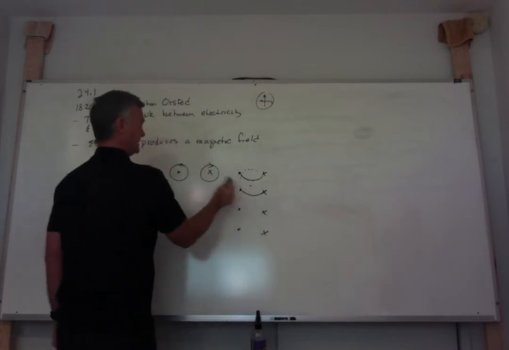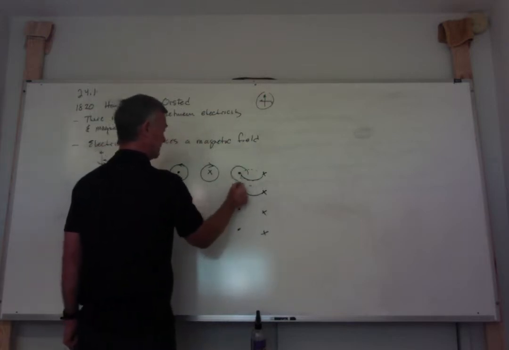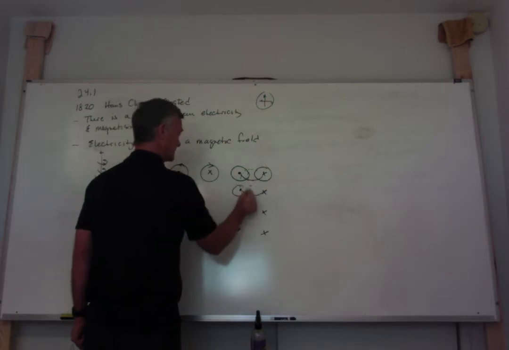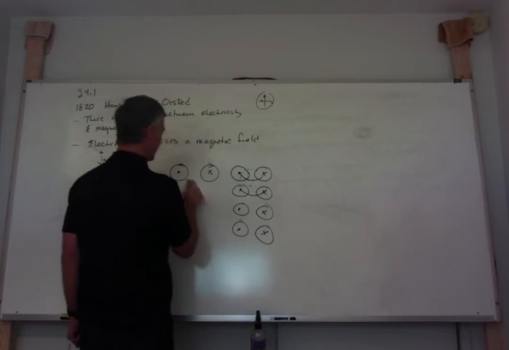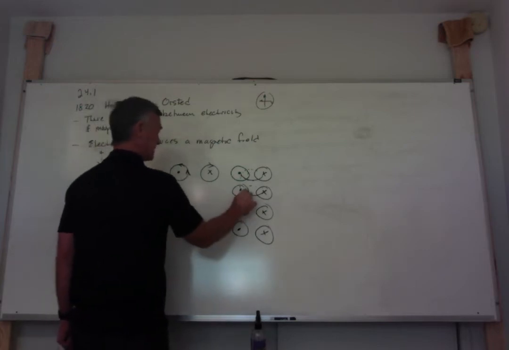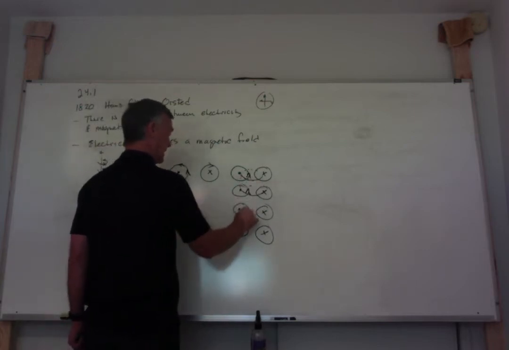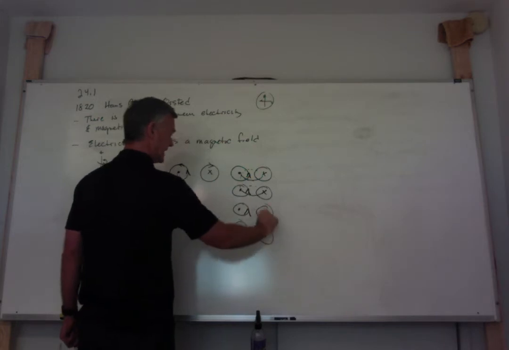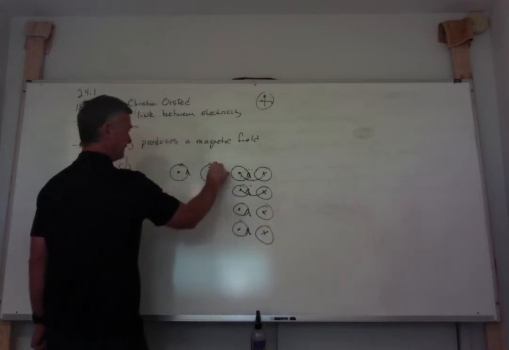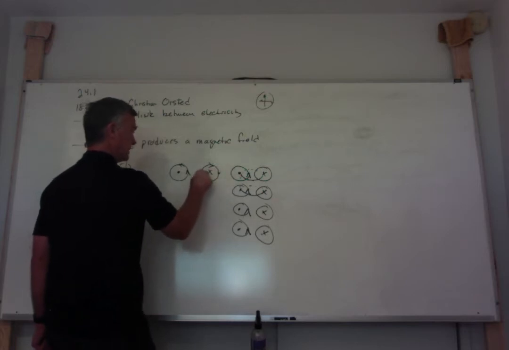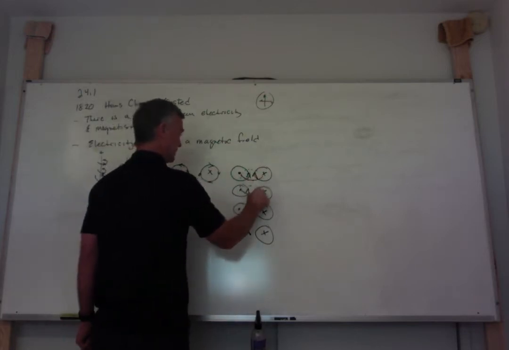Well, watch what happens. If I take and put my magnetic fields around these, here, these are pointing up, but the same thing here. If I do this, this magnetic field, if I trace it around, is coming up as well.